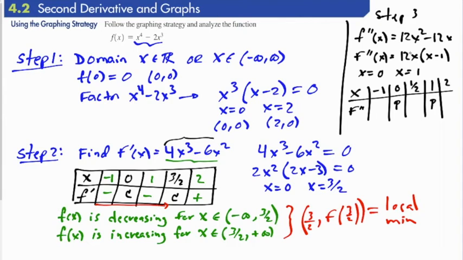So when we plug -1 in, anything squared is positive, and then minus 12 times -1 becomes minus a negative. So this will become a positive, just doing analysis of the signs. If we plug in 1/2, that gives us 1/2 squared is 1/4. 1/4 of 12 is 3. 3 minus half of 12 gives us a negative. And if we plug in 2 for x, we get 48 minus 24. That's a positive.